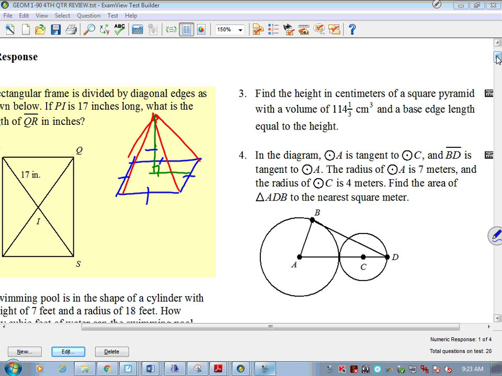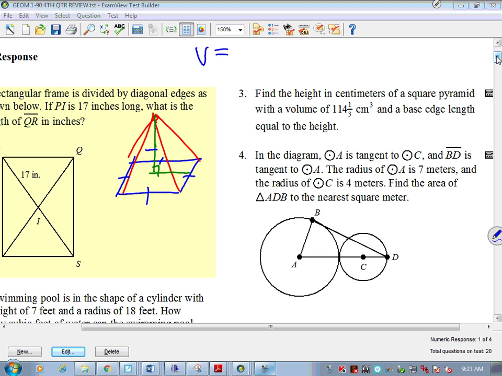Now, we know what the volume of the pyramid equals, but before we begin with that, what is the formula for the volume of a pyramid? We only have 20 questions, so I can wait around all day.